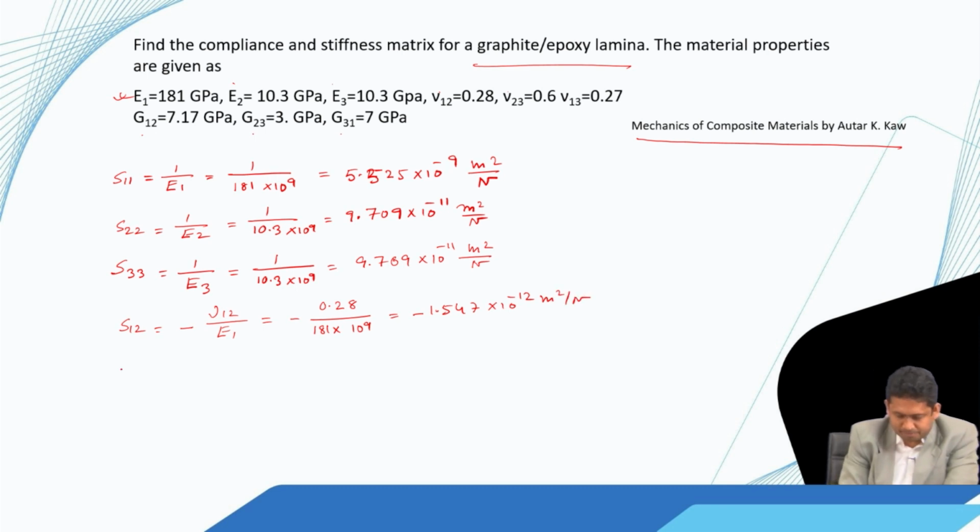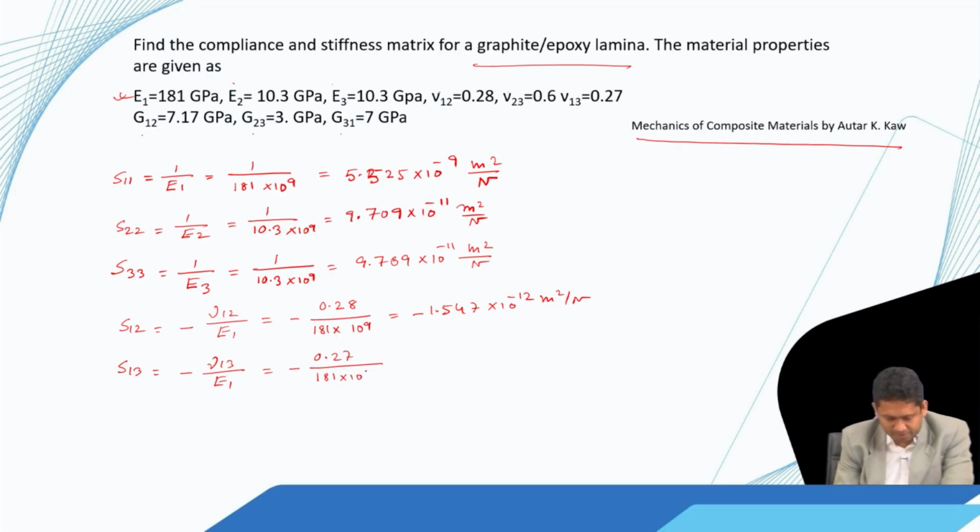Meter square by Newton. And we have S13, that is ν13 by E1, and for that we have the Poisson's ratio 0.27, and then we can divide by E1. So, we have 10 to the power 9, and that gives us minus 1.492 into 10 to the power minus 12 meter square by Newton.